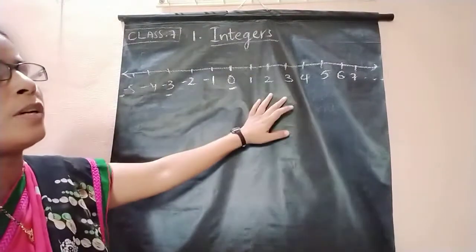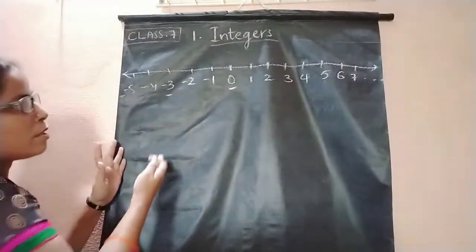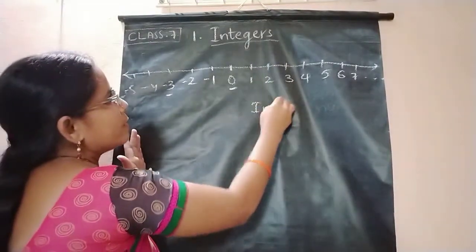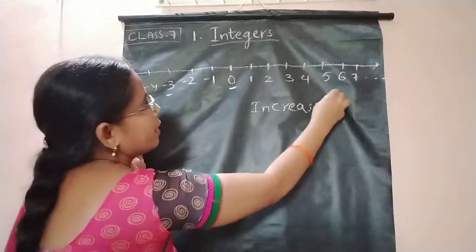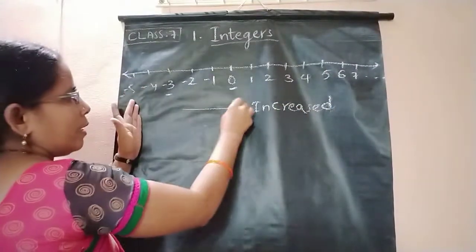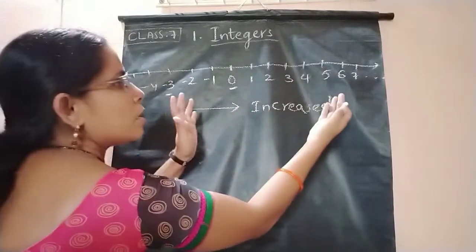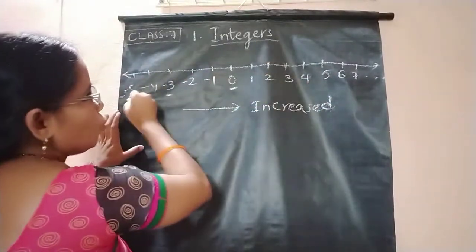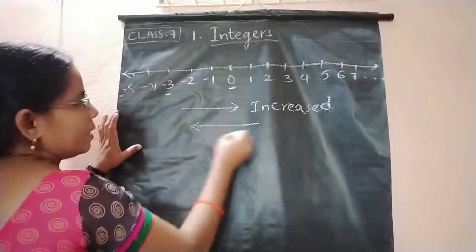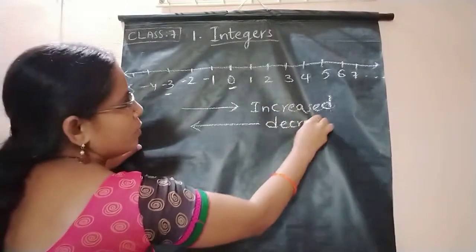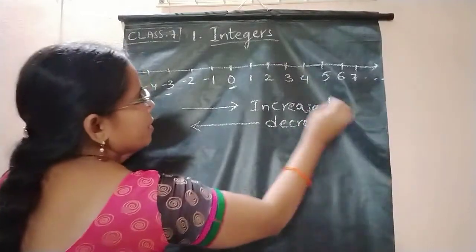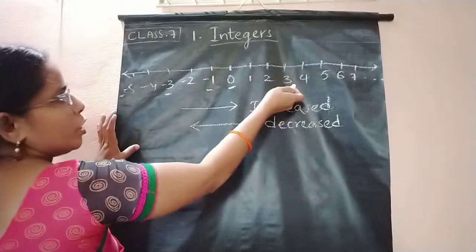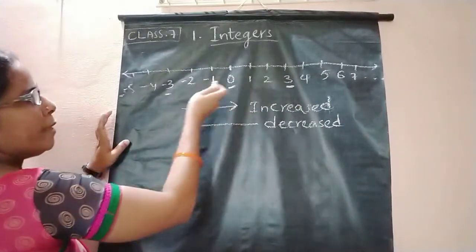So from this, when the values pass from left to right, the values increase. But when the values go from right to left, that means coming back, like 3 to minus 1, the values decrease. So if you take 3 and minus 1, when you go from 3 to minus 1, the value decreases.